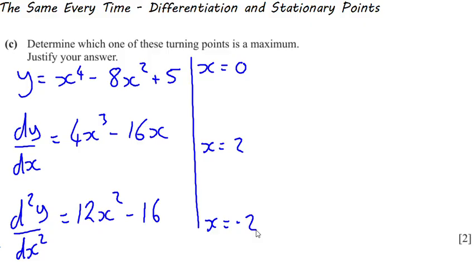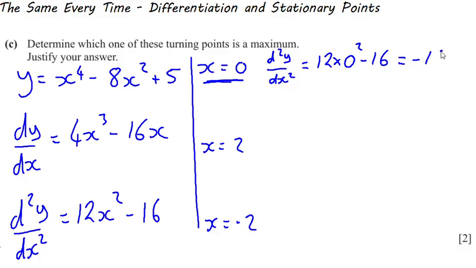So at x equals 0, let's see what happens here. d2y by dx2 equals 12x squared minus 16, so 12 times 0 squared minus 16. Well, 12 times 0 squared is 0, minus 16 is minus 16. So that's a negative, isn't it? So that tells me that there is a maximum at x equals 0.